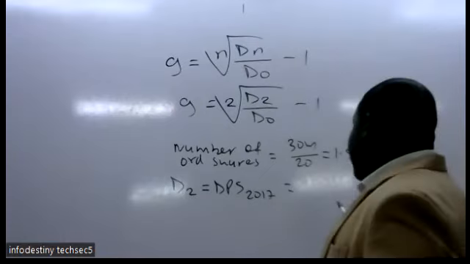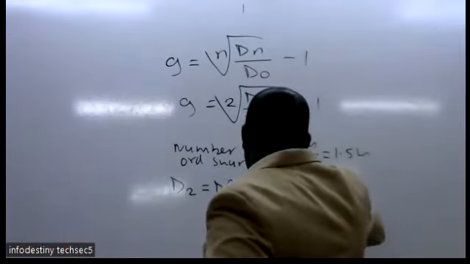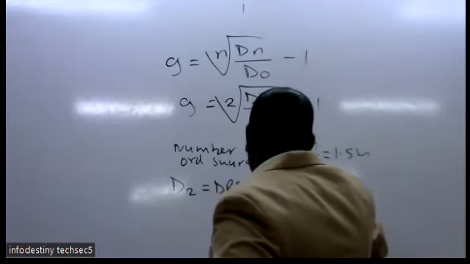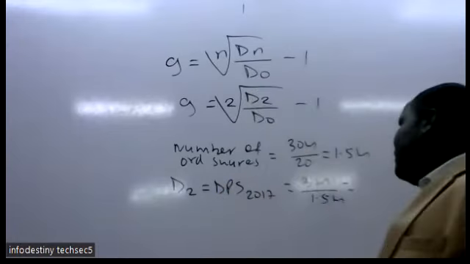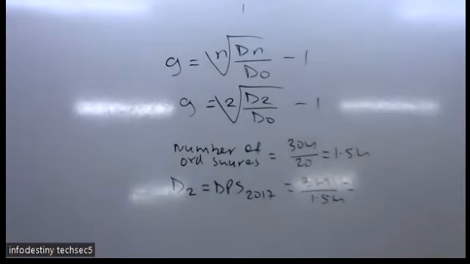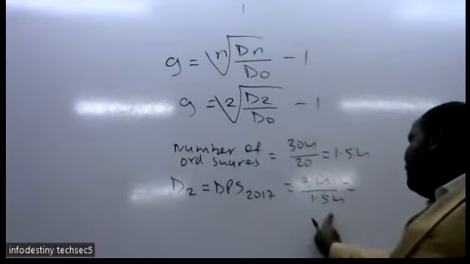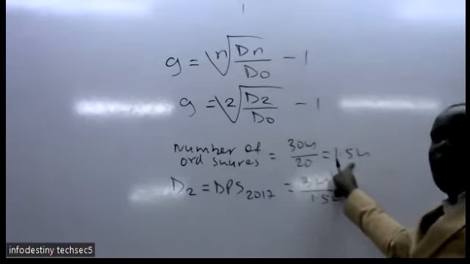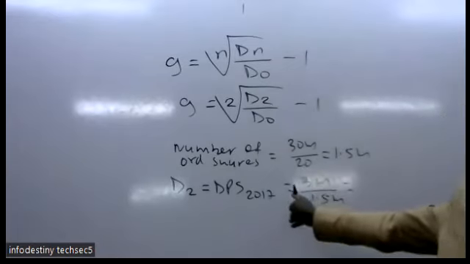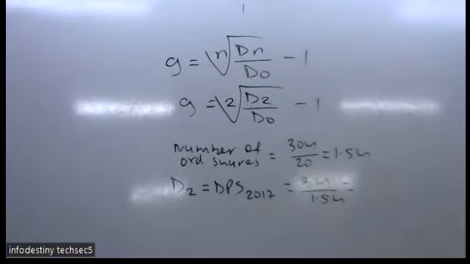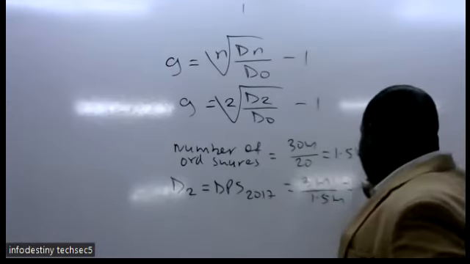So take the 3 million, divide by the number of ordinary shares, which is 1.5 million. We divide to give us the dividend per share. It will give us 2.